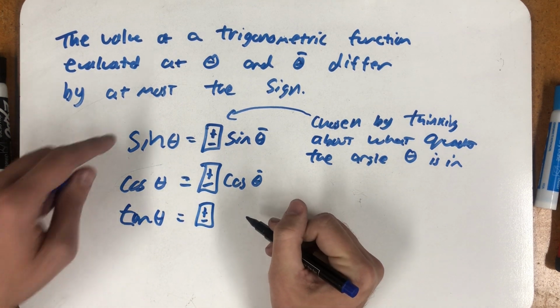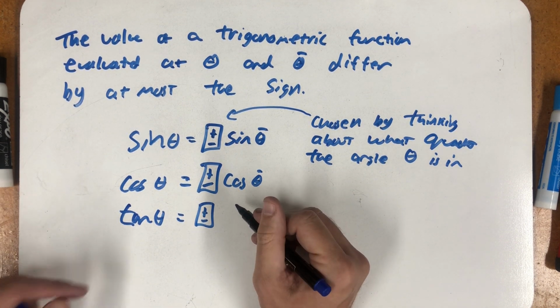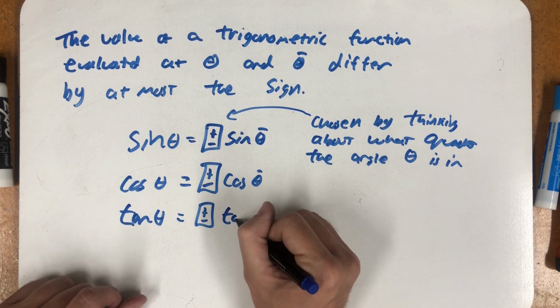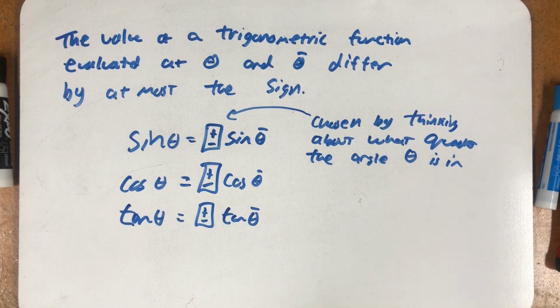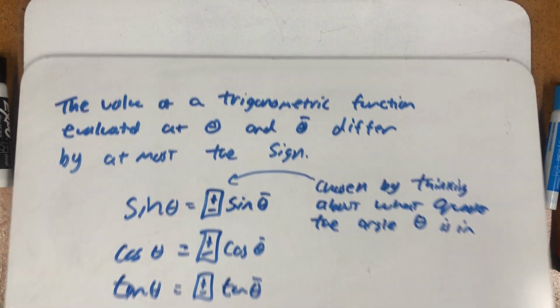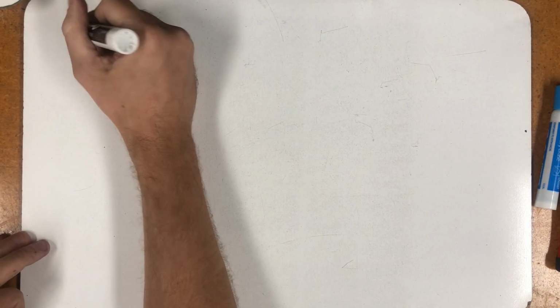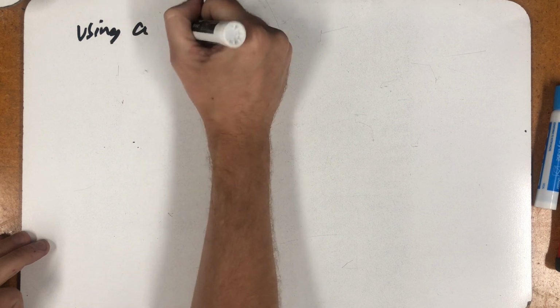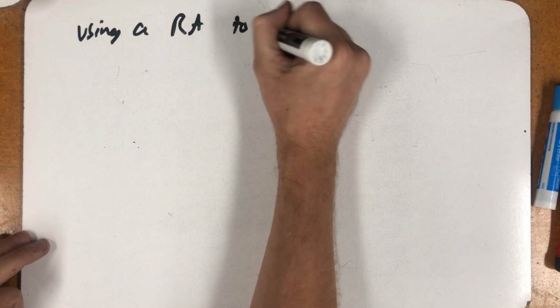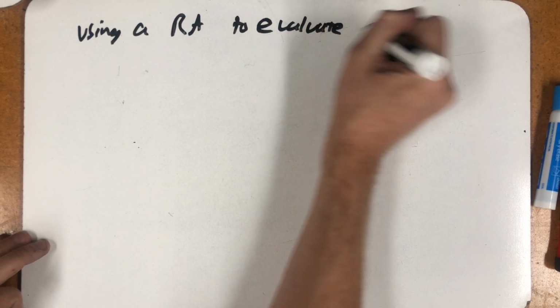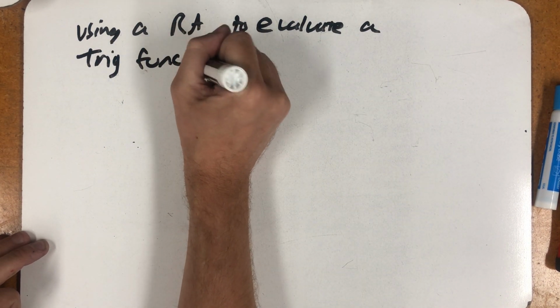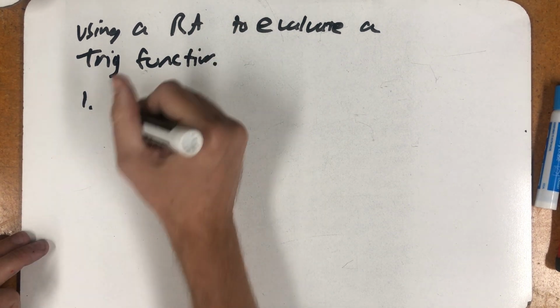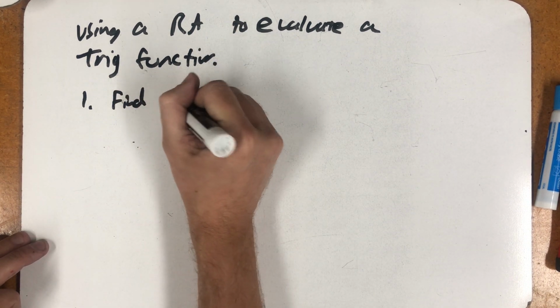All right, so I'm gonna write this down for sine, cosine, and tangent, but it's assuredly true for cotangent, secant, and cosecant as well. This gives us a methodology for using a reference angle to evaluate a trig function. Well, the first step, find the reference angle.